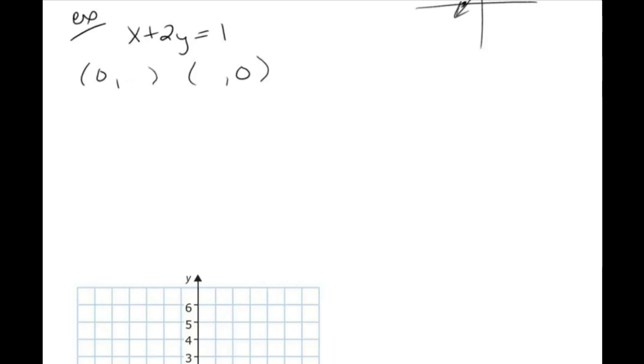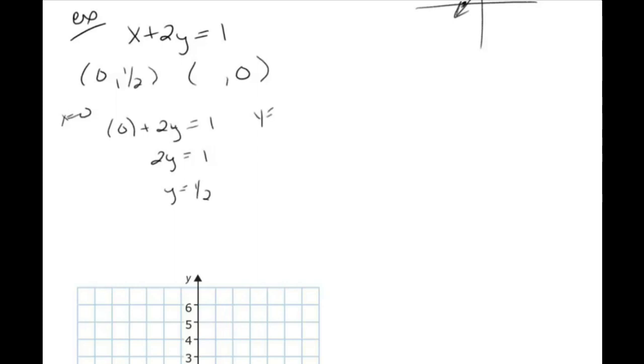So if we put in 0 for x, then I would get 0 plus 2y equals 1, or 2y equals 1, or y equals a half, right? So y would equal a half, and that would be my y-intercept.